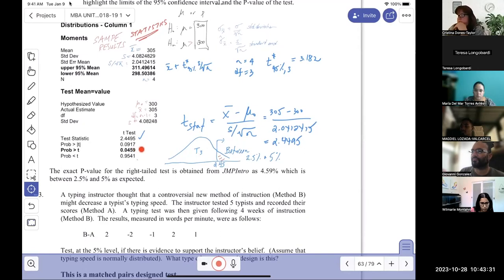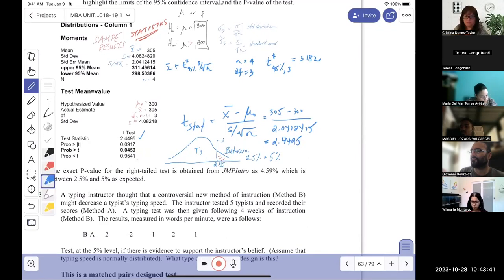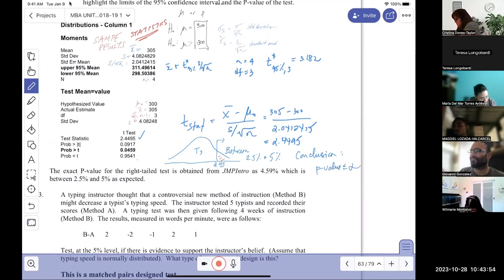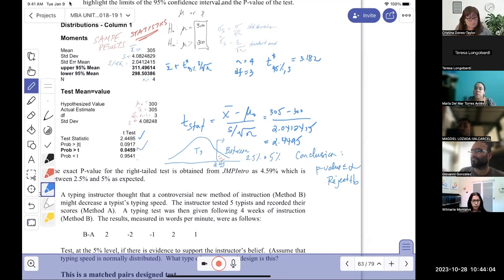So then we do the conclusion. How do we conclude with all this and the bolded value? We compare it to 5%. It's smaller than 5%, so we reject.